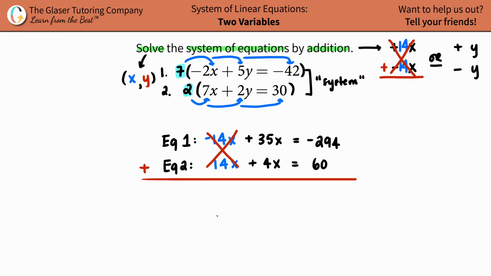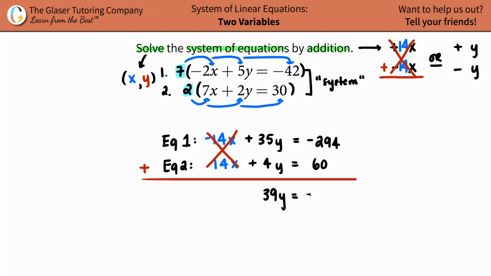They get canceled out. And did anybody notice that I kept putting x's? Were you screaming at me? Because I heard you. These have to be y's, right? I have no idea how they turned into x's, but we will keep going. 35 plus 4 is 39y equals negative 294 plus 60.